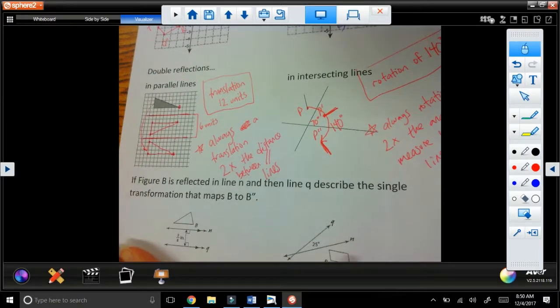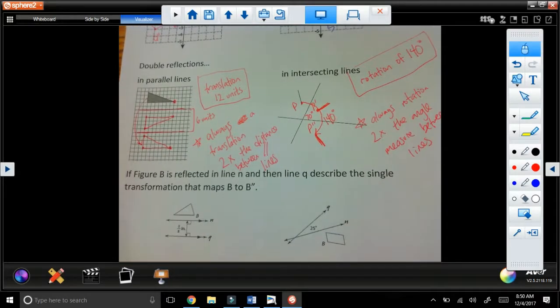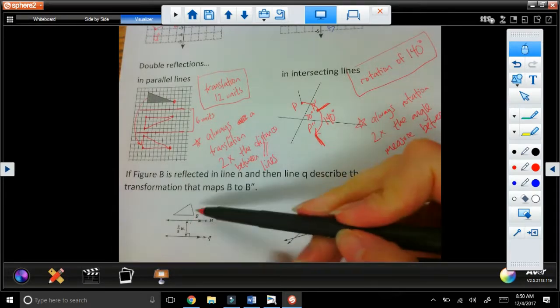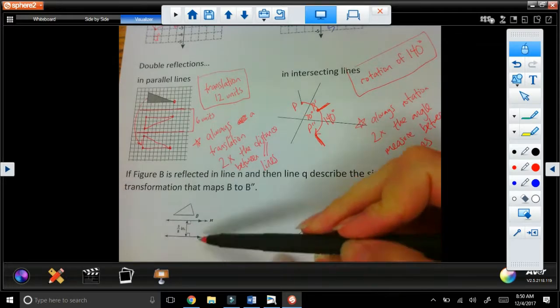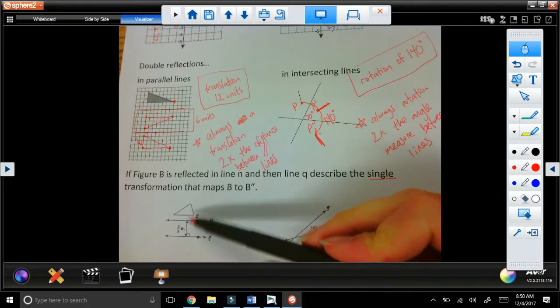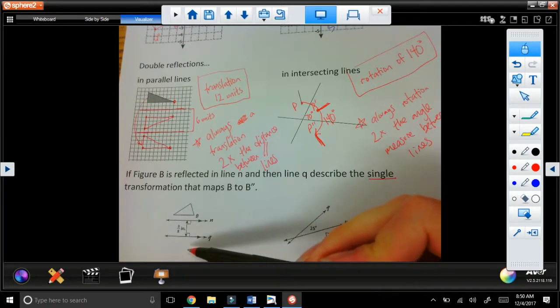Down here at the bottom. Okay, so figure B is reflected in line L, and then line Q. Describe the single transformation that would map B to B double prime. So you don't actually have to do the reflection. If you want to, you can. But what single transformation would happen if you reflected this twice over these parallel lines?